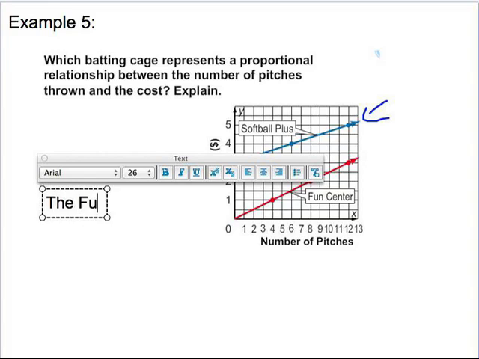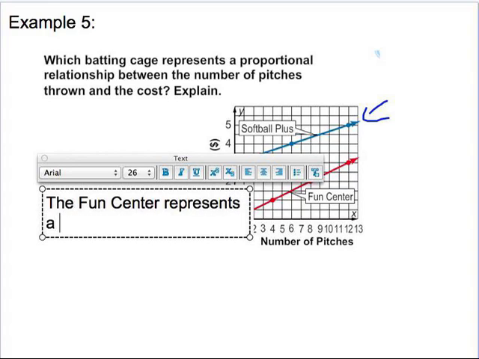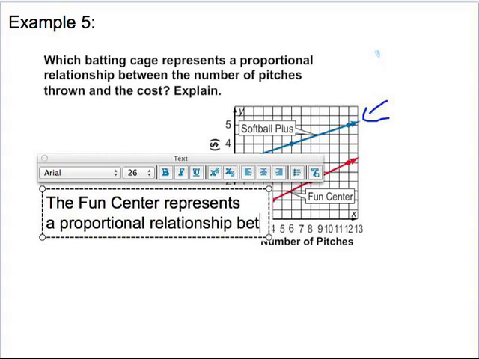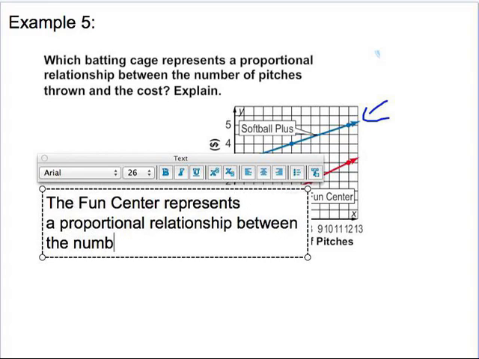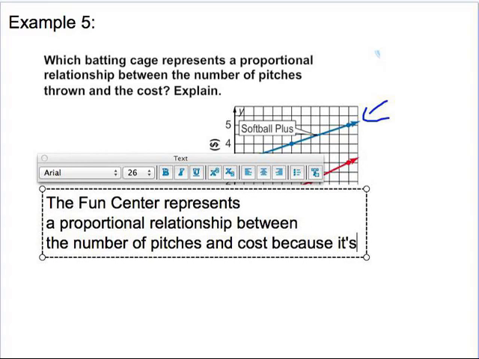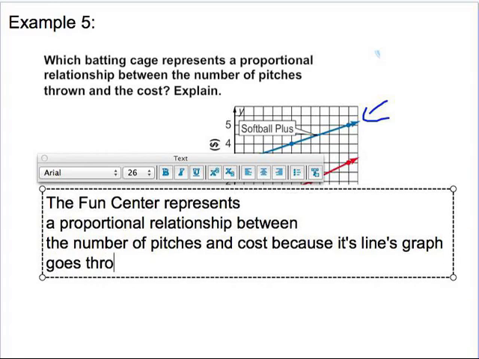So the fun center represents a proportional relationship between the number of pitches and cost because its line's graph goes through the origin.